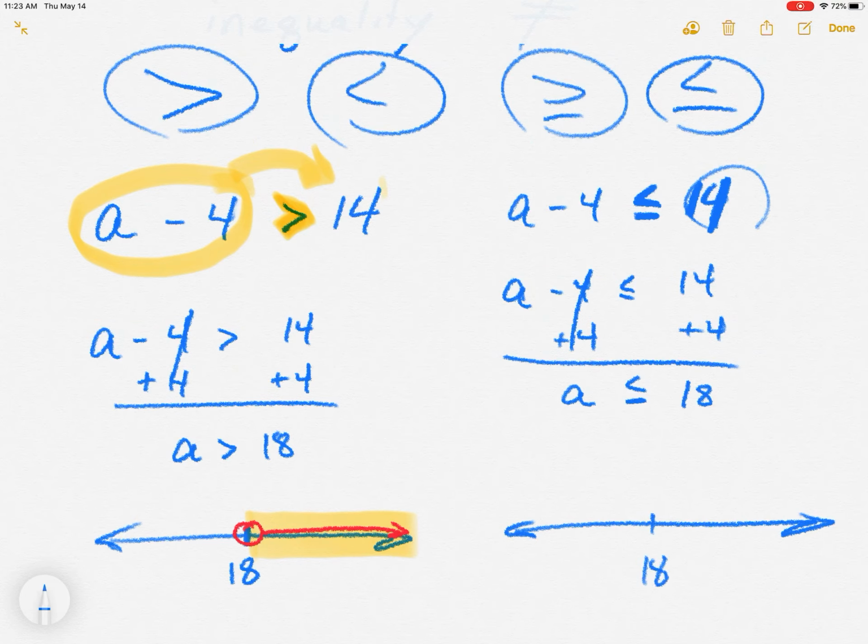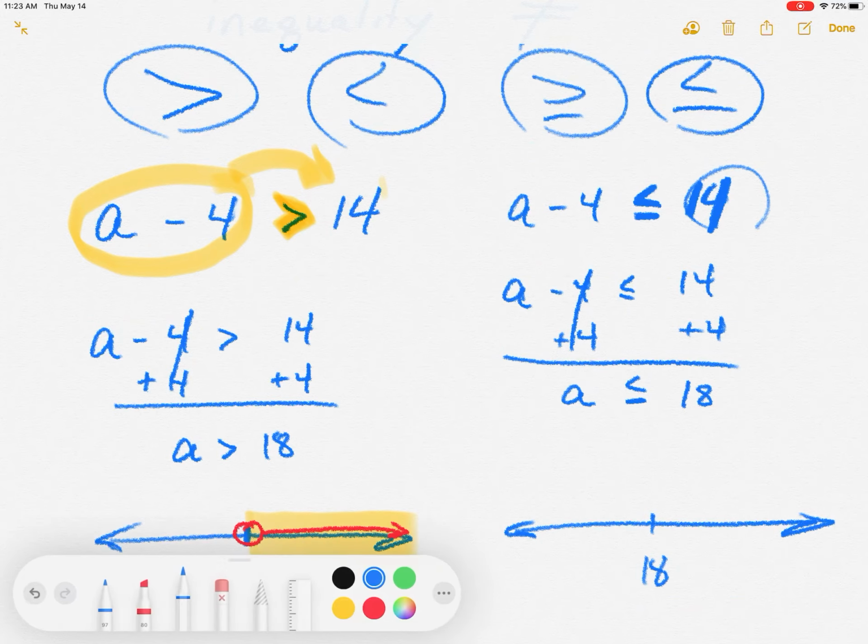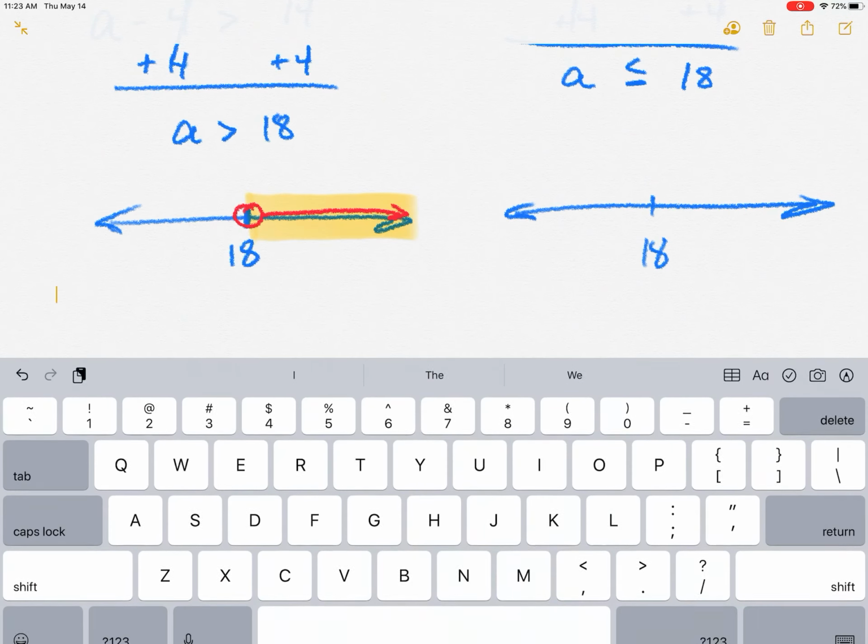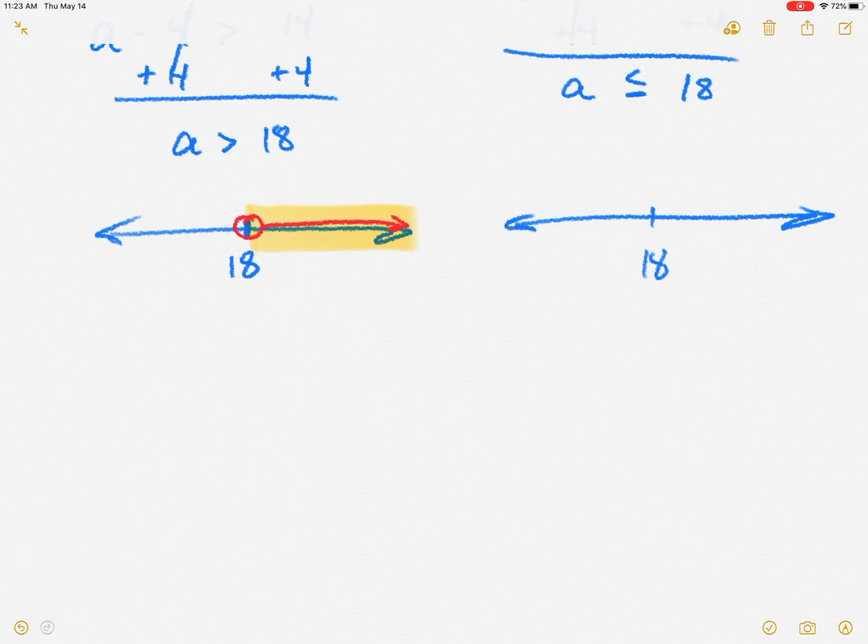We're going to write 18 in there. And then, since this is greater than or equal to, we're going to color in our circle, okay? And then it's less than, so that means our arrow's going to go this way. So this tells us that a is greater than or equal to 18.